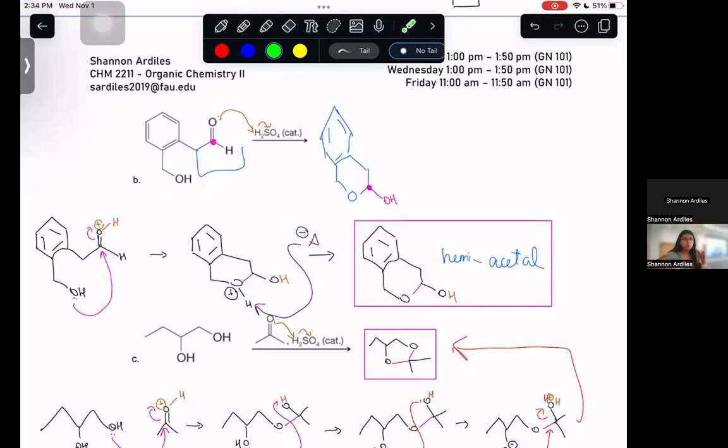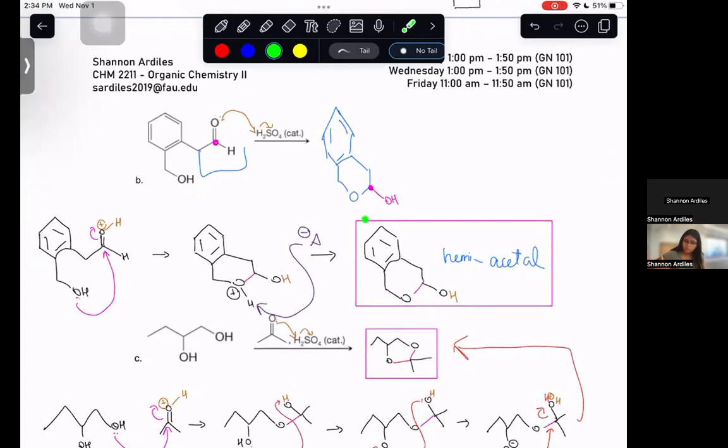We're only given 1 mole of the initial molecule, which contains the reagent that we need. So we only have 1 available, so we cannot proceed with the next step to create the full acetal. That's the reason why we're stopping at the hemi form in this case.